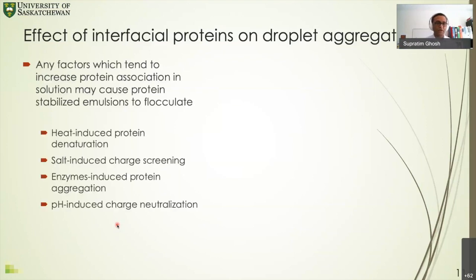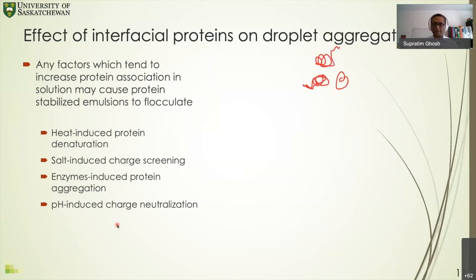For example, if you heat, protein can denature, open up their structure, and then they can aggregate upon cooling. Salt can also screen charge and lead to aggregation. Enzyme in cheese making also induces protein aggregation. And in yogurt, the pH drops to the isoelectric point and leads to aggregation of protein.